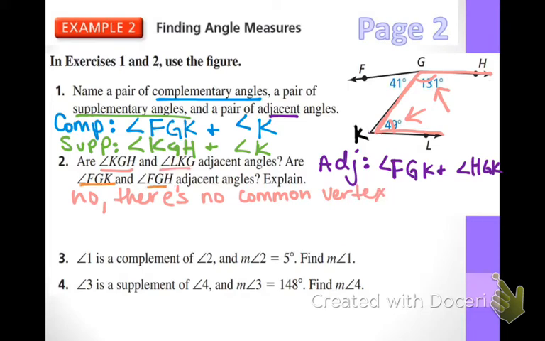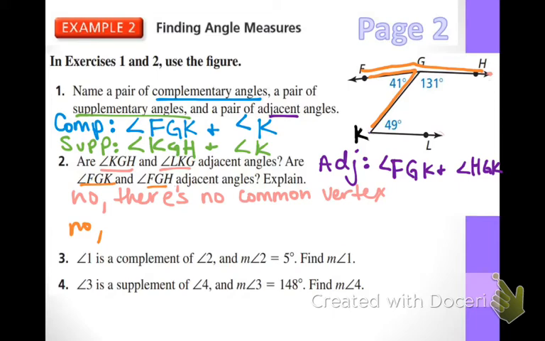And then the other two, these are awkward as well because it says FGK, which is this one, the 41 degree, and then FGH, are they adjacent? They are still not adjacent because they need to have a wall between them. They don't have a wall in between them.